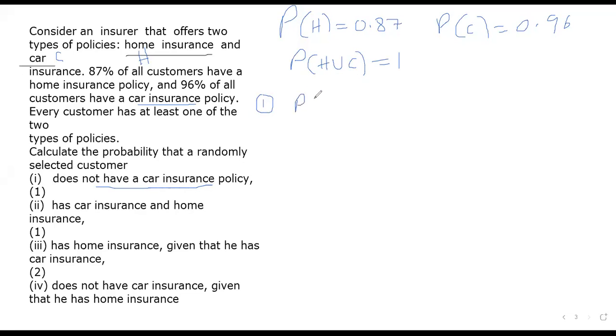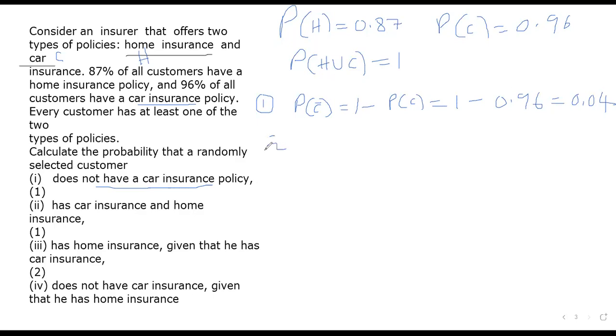The complement of C. How do you find the complement of C? One minus the probability of C, which is 0.96, to give us 0.04. Are we all agreeing? Yes. Okay.